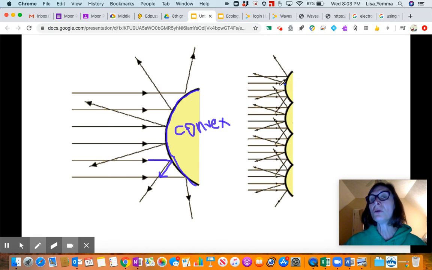And those multiple smaller convex surfaces are going to have similar angles of incidence and angles of reflection, but it's going to squish them into a closer area. So if I get this kind of bouncing around of wave reflection, I can really pinpoint and isolate my light and my sound to make it exactly what I want it to be.